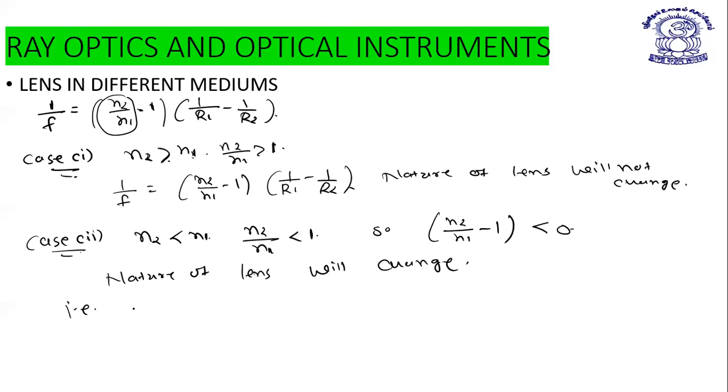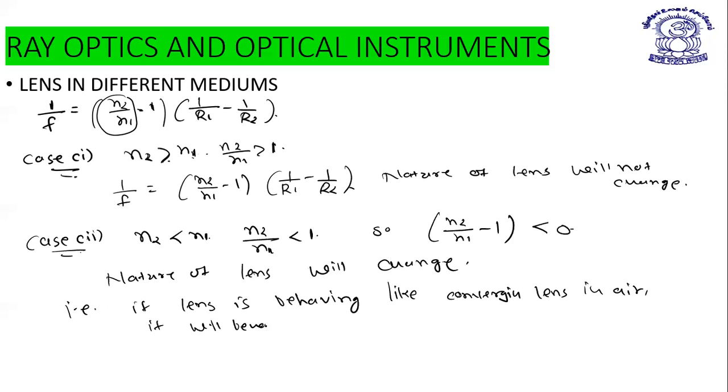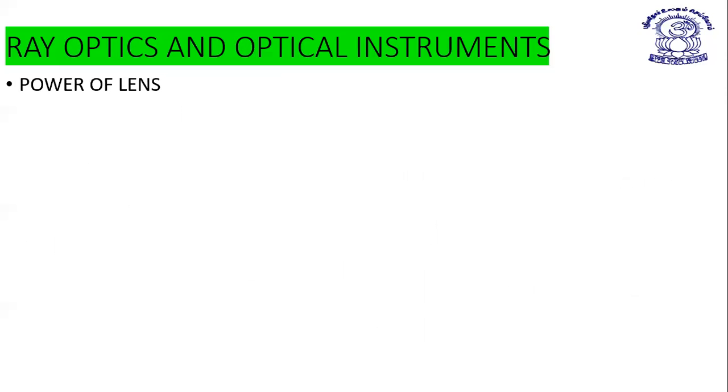That is, if lens is behaving like converging lens in air, it will behave as diverging lens in given medium. So this is the effect of mediums on lens.